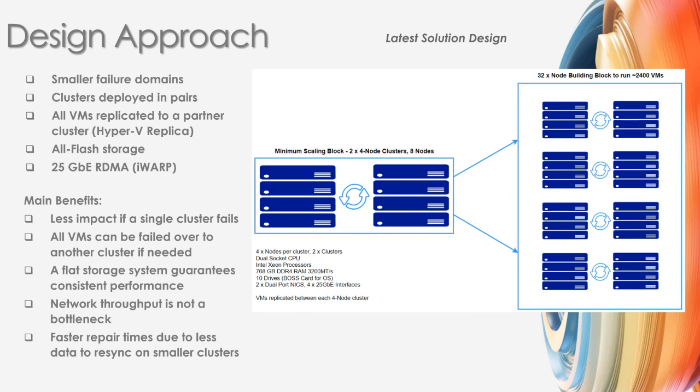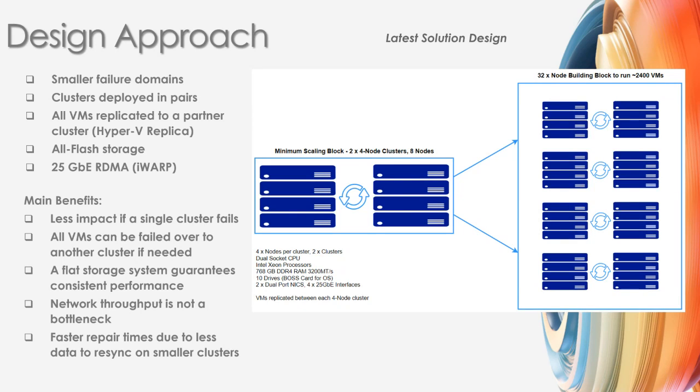The main benefits this gives the platform are that there's less impact if a single cluster fails, with the smaller failure domains. All VMs can be failed over to another cluster if needed. If a single cluster did have a really bad problem, then we can bring workloads up within an hour or two, which meets a decent SLA.